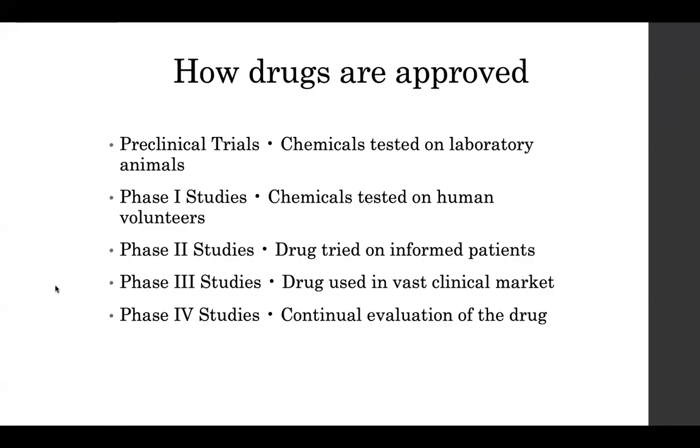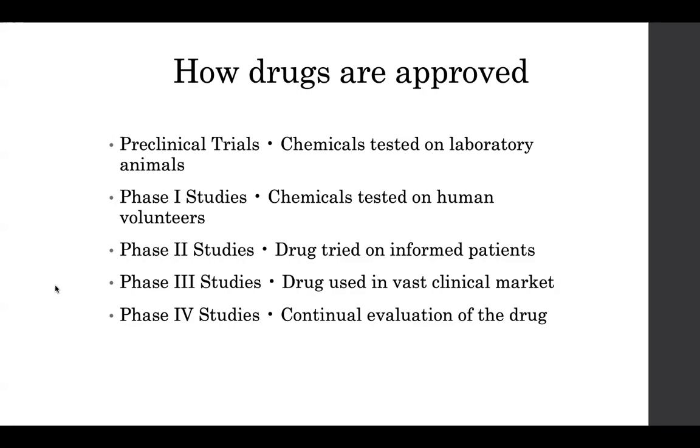Okay, so you have 5 steps for a drug to be approved. You're going to start with those preclinical trials, and that is where chemical tests are only done on the laboratory animals. Once you get to your phase 1 study, they'll be tested on human volunteers. In phase 2, a drug is tried on informed patients that would have that condition that it's being used for.